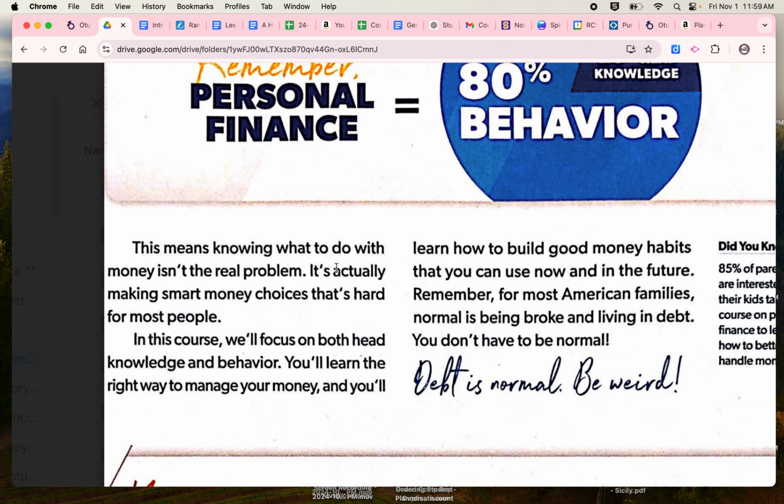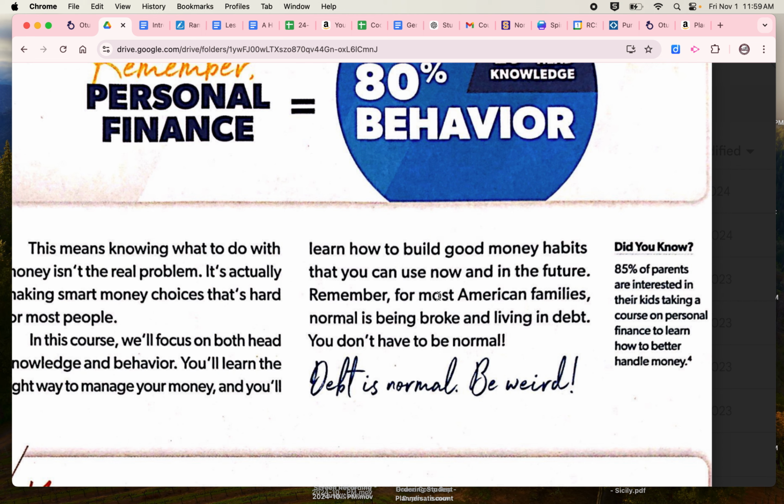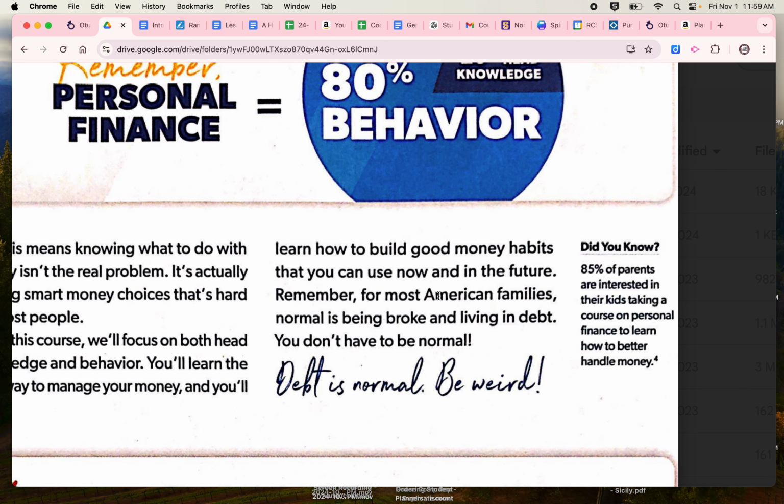So this means knowing what to do with your money isn't the real problem. It's actually making smart money choices that's hard for most people. And this course will focus on both head knowledge and behavior. You'll learn the right way to manage your money, and you'll learn how to build good money habits that you can use now and in the future.